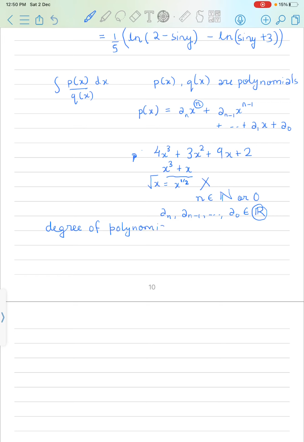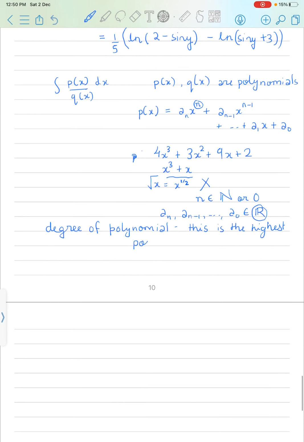This is the highest power of x that is appearing in p(x).